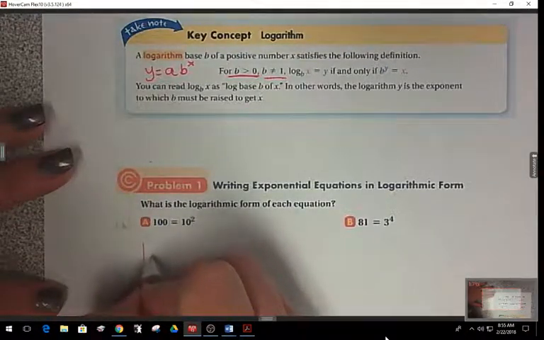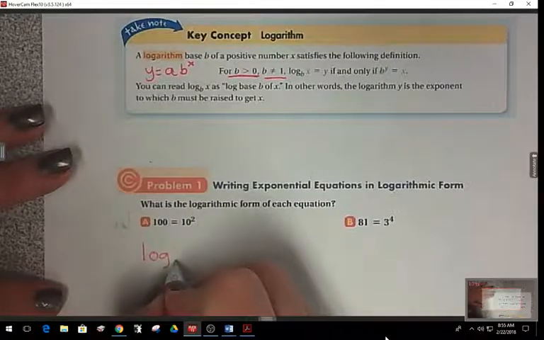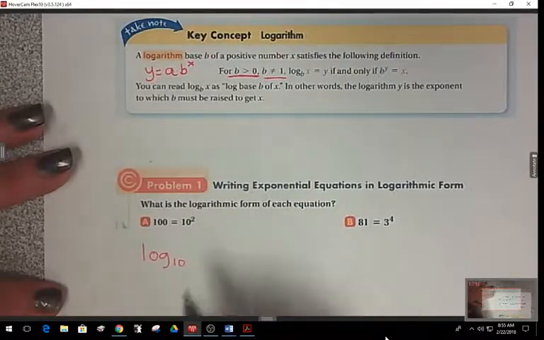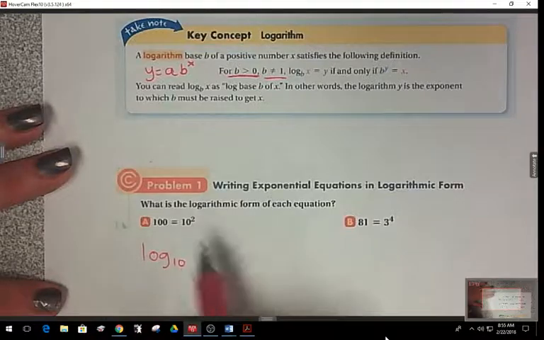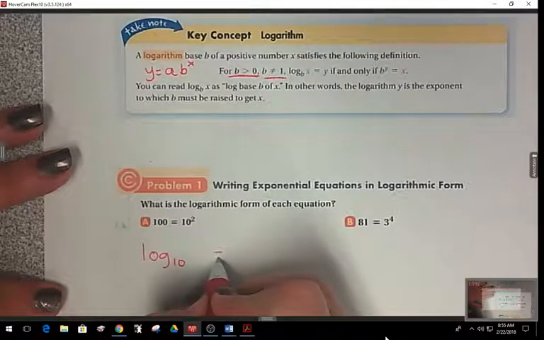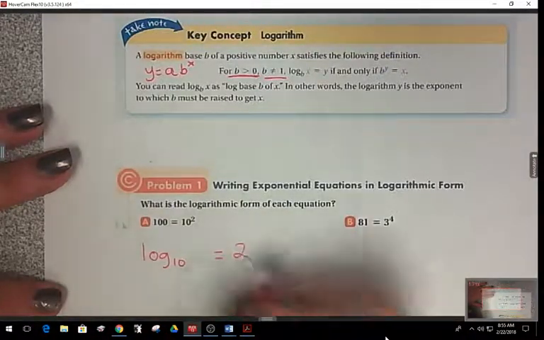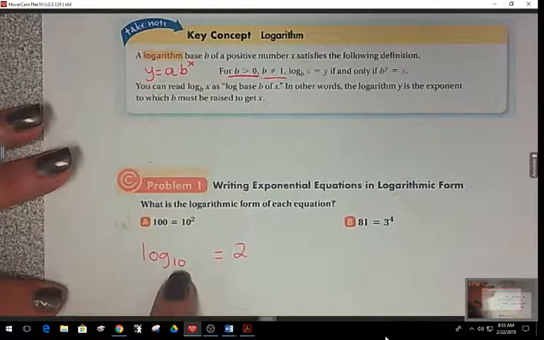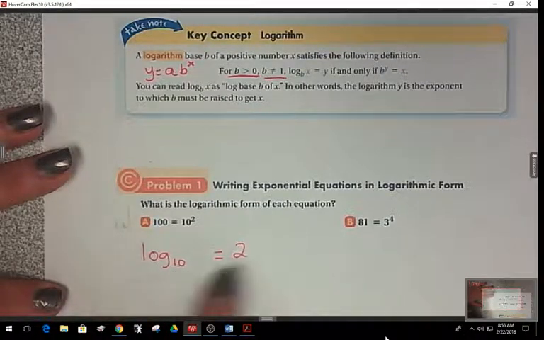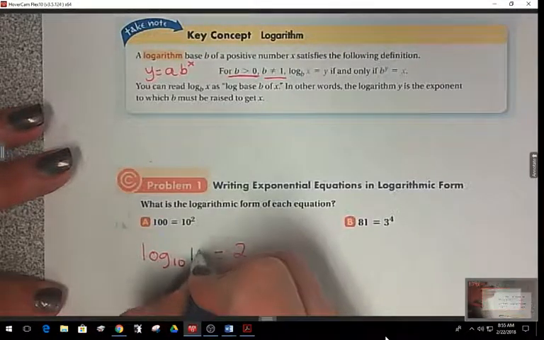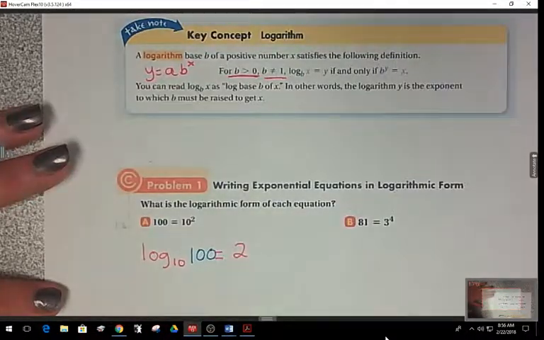So I always start out with the log, and then I do the base that was my power, and then equals, and I put my exponent over here. So log my base 10, there's my power, and then I fill in with my number.